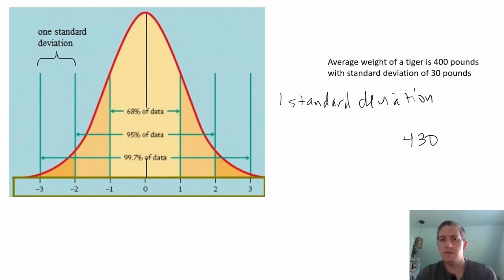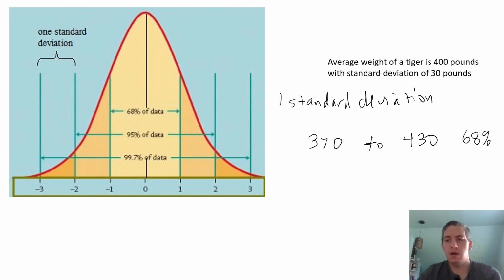If I add the standard deviation to 400, the average, I've gone one standard deviation above the mean. And one standard deviation below is 370 pounds. So anything between 370 and 430 is within one standard deviation of the mean. 68% of all tigers are between 370 and 430 pounds. That's what this is saying.